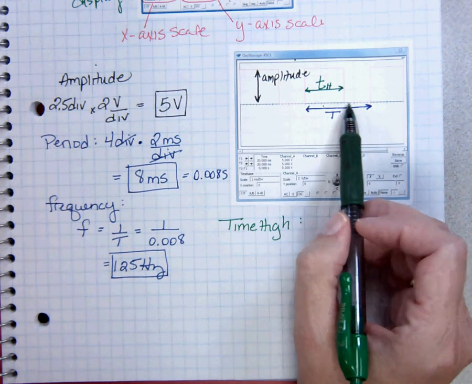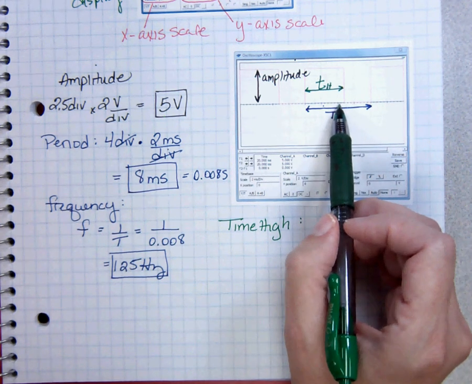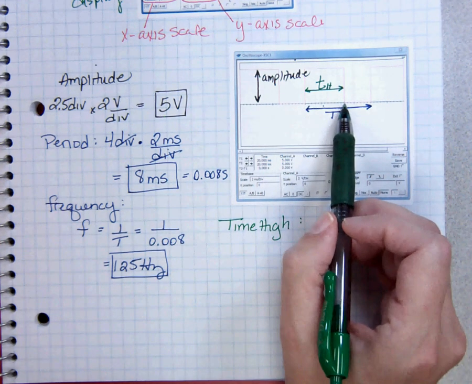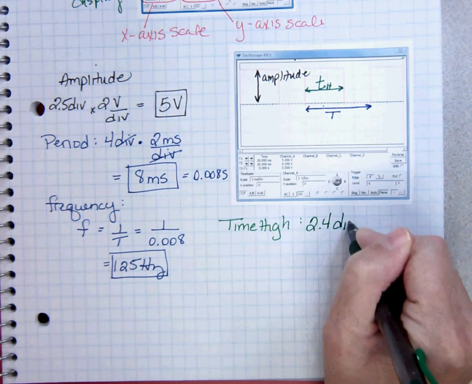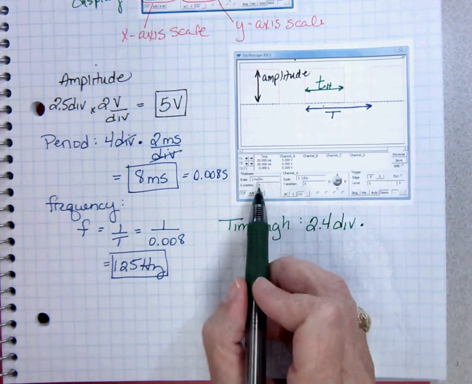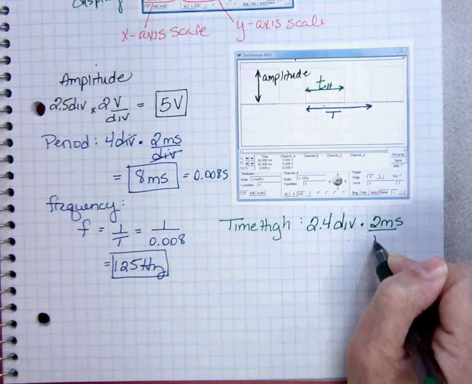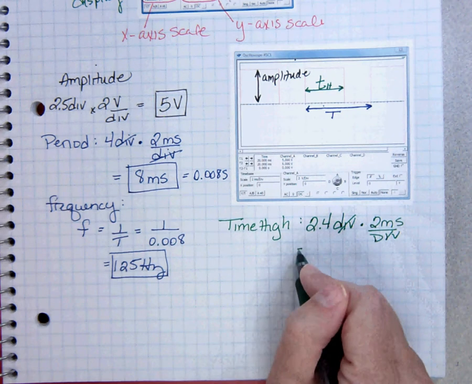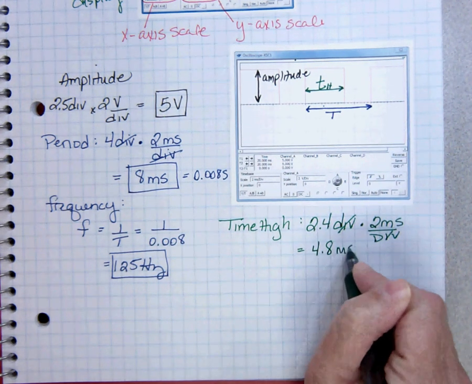There are 5 small divisions in 1 large division, so each one is 0.2. So I've got 2, 2.2, 2.4 divisions. I'm going to multiply that by my x-axis scale, which is 2 milliseconds per division, and I find that my time high is 4.8 milliseconds.